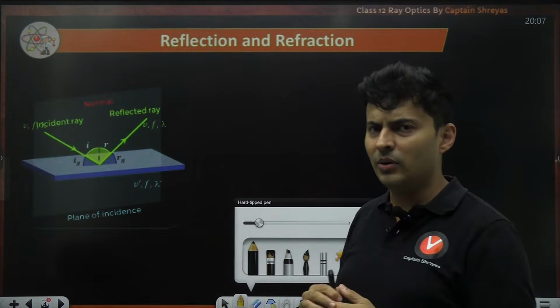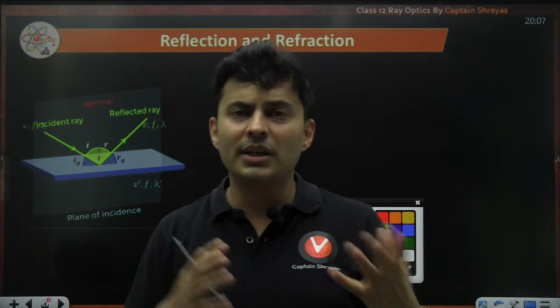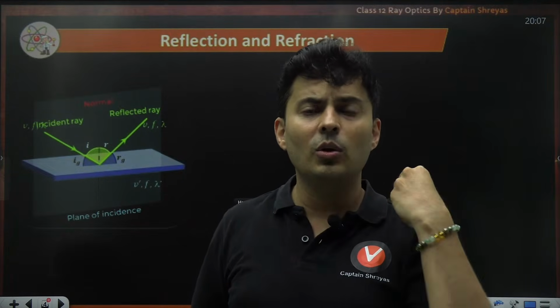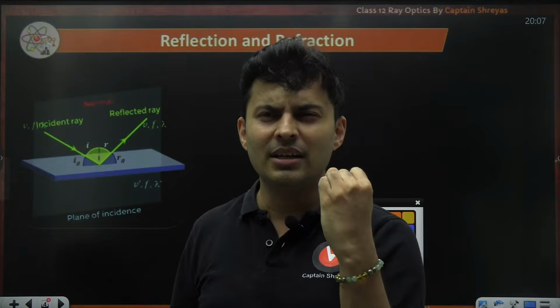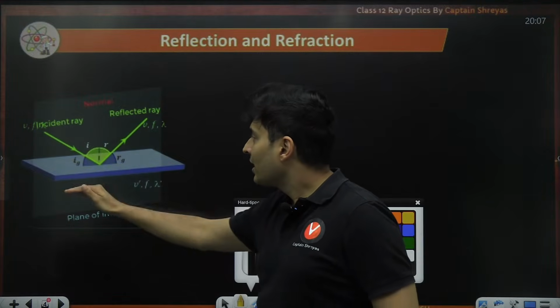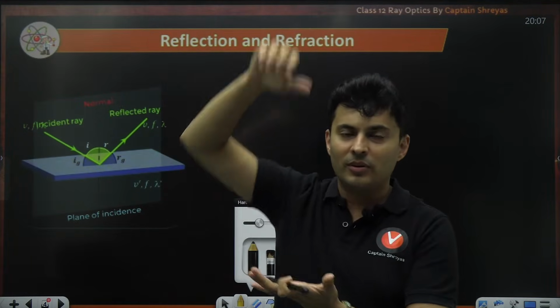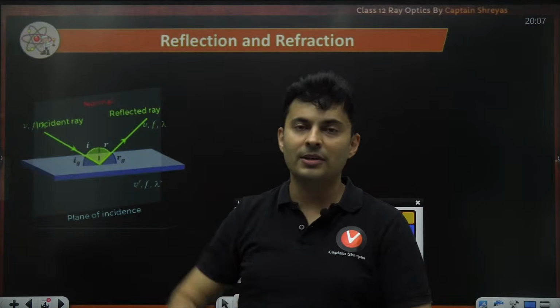Now, when we talk about any light which is falling on a surface, it can undergo one of these 3 things, but we'll ignore the third one for now. Number one, it can get reflected. That means it will bounce off the surface, that is reflection.